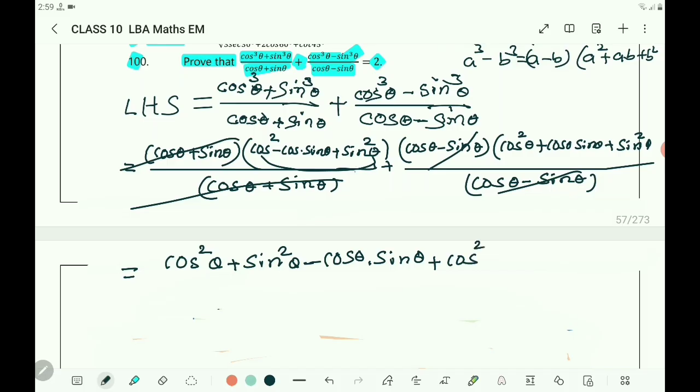Cos square theta plus sin square theta plus cos theta sin theta.